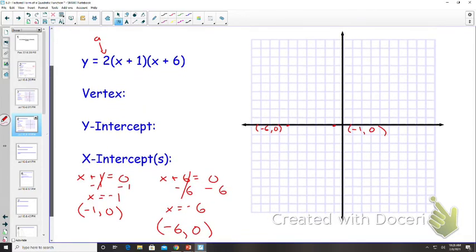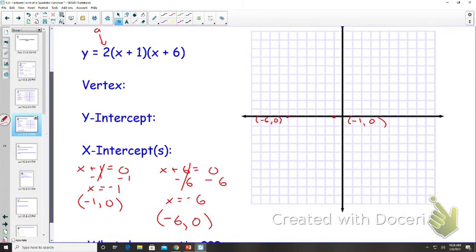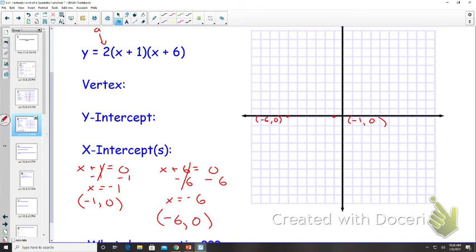My y-intercept. What is true at my y-intercept? Always, x is 0. Perfect. So now I will substitute in x equals 0 in this equation. So y is equal to 2 times 0 plus 1 times 0 plus 6.